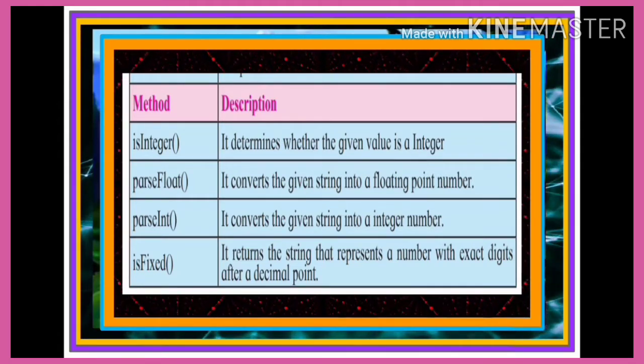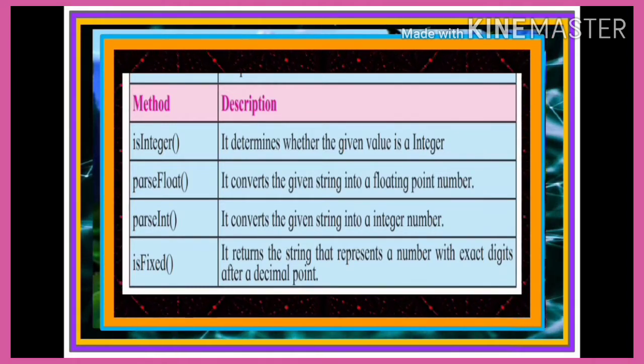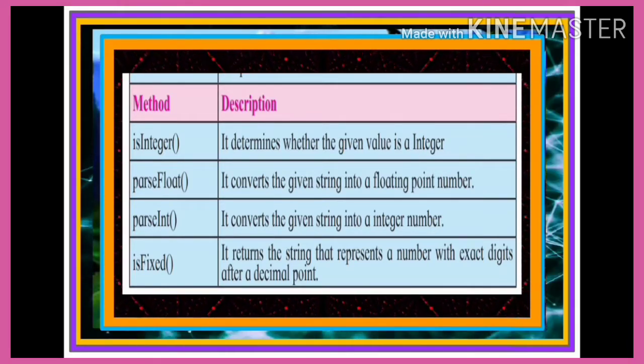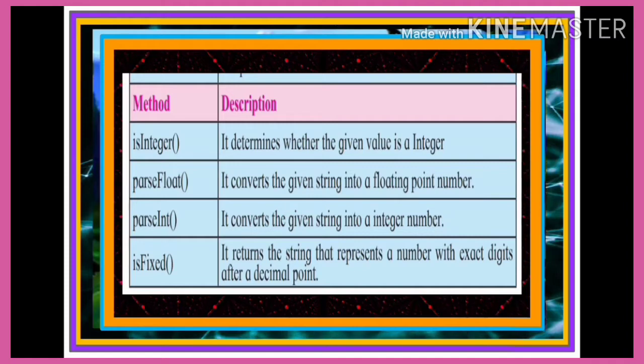The parseInt method converts the given string into an integer number. And last method of Number object is toFixed, where F is a capital letter. It returns the string that represents a number with an exact number of digits after a decimal point. So this is regarding the properties and methods of the Number object.